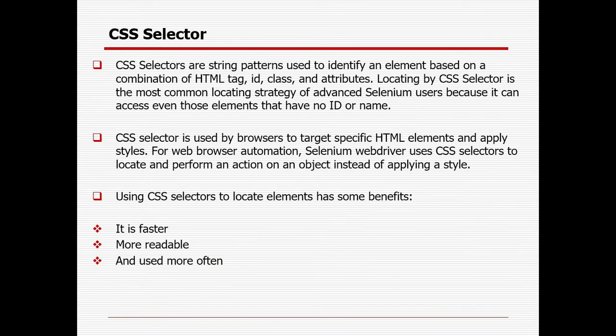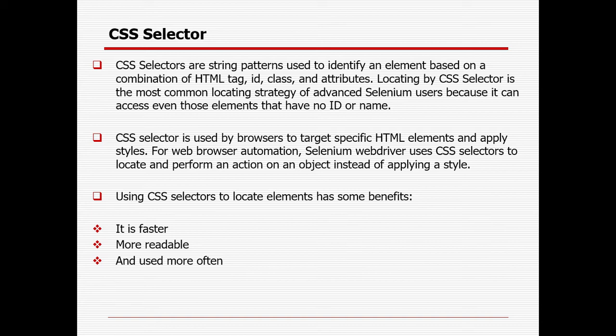So CSS selectors are string patterns used to identify an element based on a combination of HTML tag, ID, class and other attributes. Locating by CSS selector is the most common locating strategy of advanced Selenium users because it can access even those elements that have no ID or name or class name.